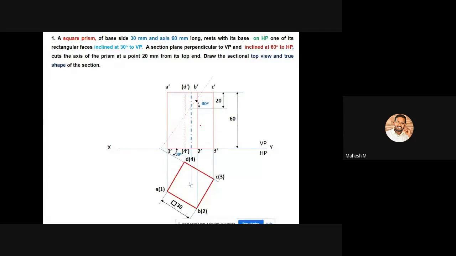Now please look at the diagram. The sectional plane is cutting all the major surfaces of your top surface. Only this portion is left out. That means there is no cutting surface on this surface.